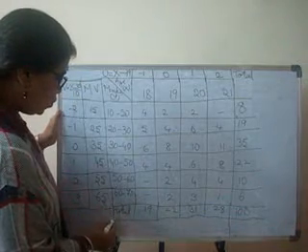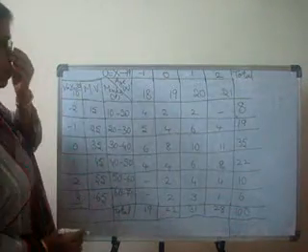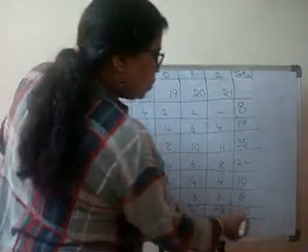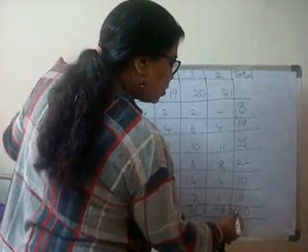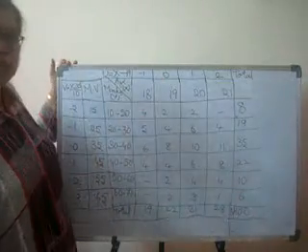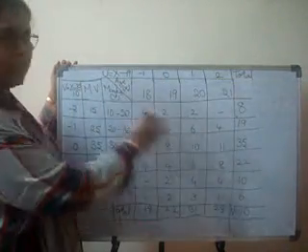So the overall total will be 20. And this is equal to capital N. What is capital N? Total of all the frequencies.